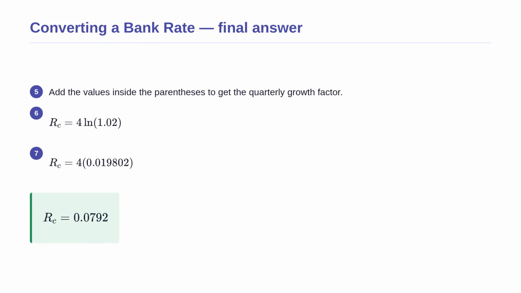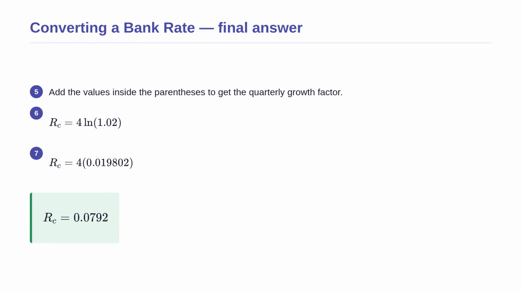Continuing our calculation, we add the 0.02 to 1 to get a growth factor of 1.02 for a single quarter. Next, we apply the natural logarithm to this growth factor. Using a calculator, the natural log of 1.02 evaluates to approximately 0.019802. This decimal represents the continuous rate equivalent for just one single quarter.